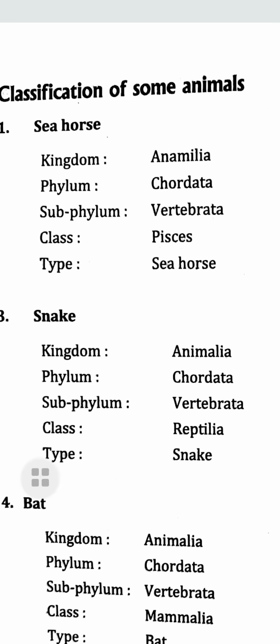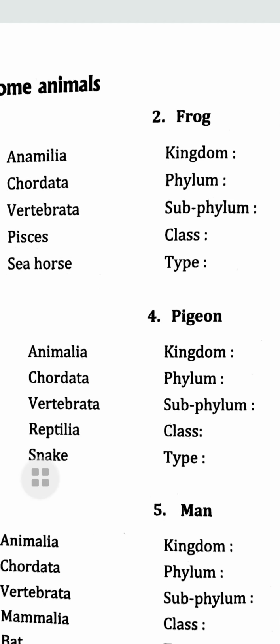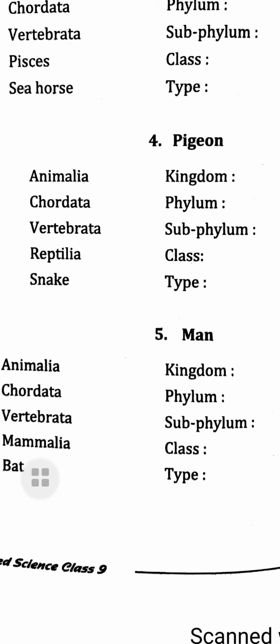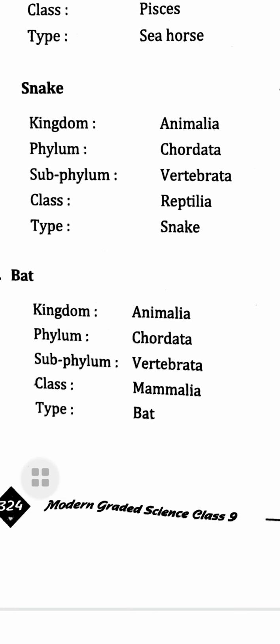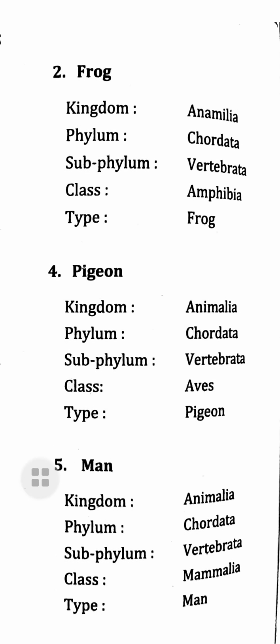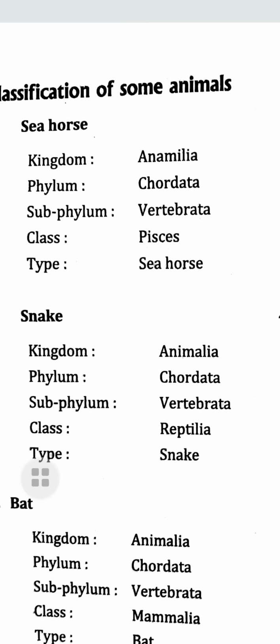We are discussing seahorse, then frog, then snake, pigeon, then afterwards bat and man. These animals will be classified. So let's begin from the first one, that is seahorse.